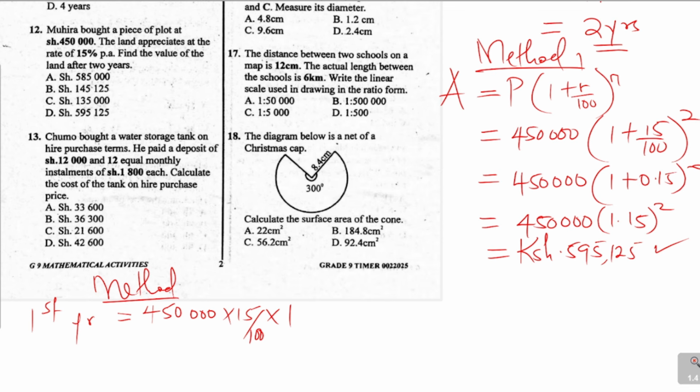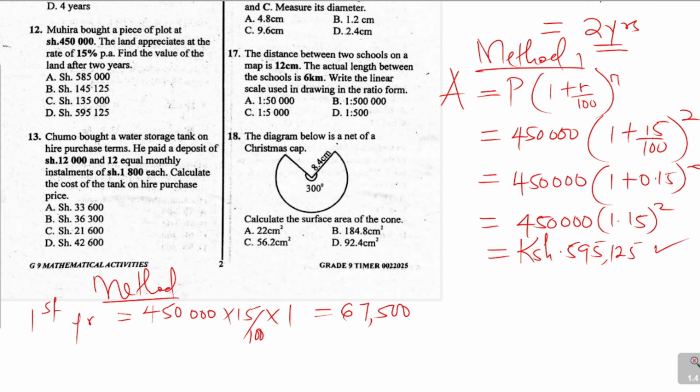That is times the first year. So this will give the appreciation after 1 year. The appreciation will be 67,500. That means that for year 1, this land is going to appreciate by 67,500.